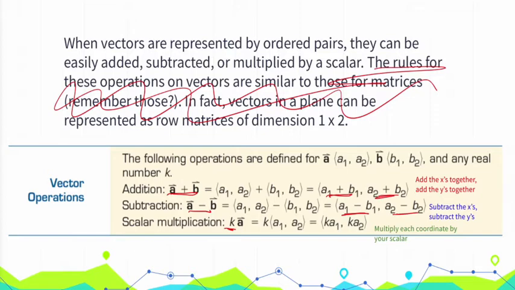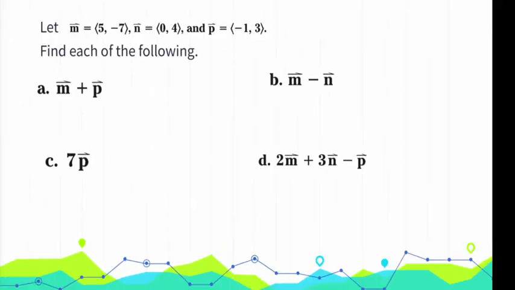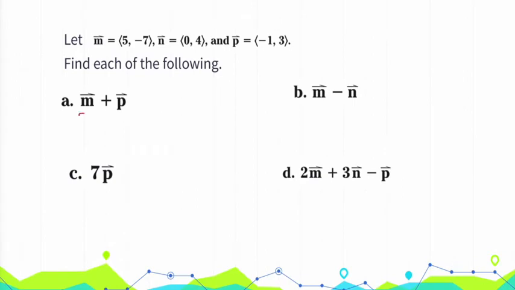M is the vector 5, -7, N is 0, 4, and P is -1, 3. Find each of the following. M plus P. So M plus P is going to be 5 plus -1 and -7 plus 3.